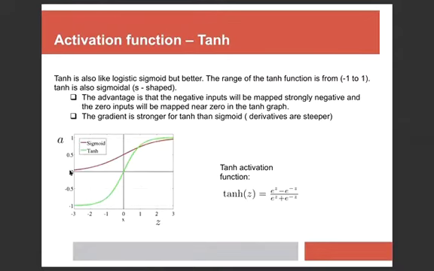However, the sigmoid is only from 0 to 1. So the advantage is that the negative inputs will be mapped strongly negative, and the gradient of tanh is stronger than the sigmoid. So the derivatives are steeper in the tanh.